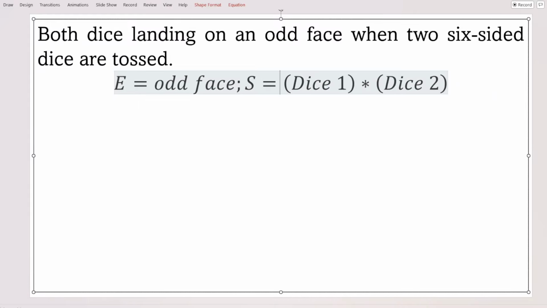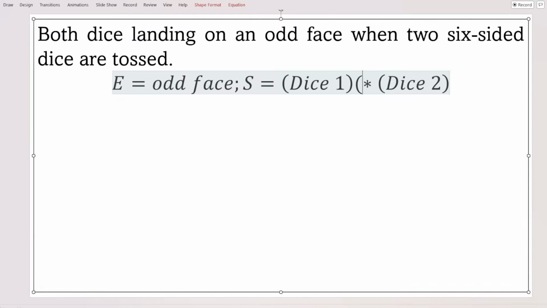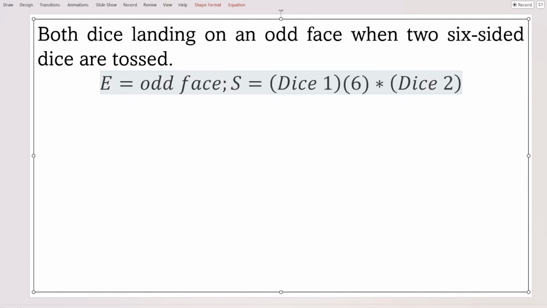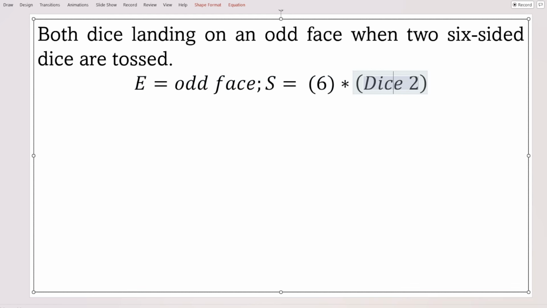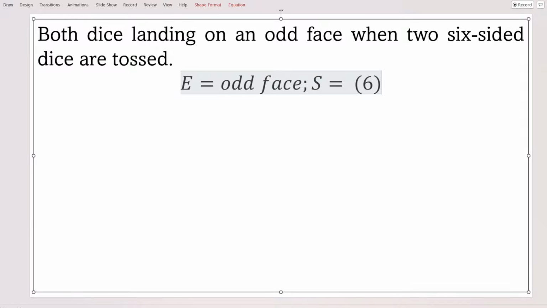So in this case, when you throw two dice, I look at two dice. So dice 1 can have 6 possible outcomes, because I can get 1, 2, 3, 4, 5, or 6 in dice number 1. That's actually the same with dice number 2, because I can get 1, 2, 3, 4, 5, 6 on the second dice.